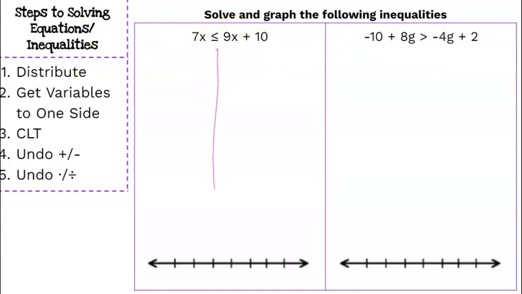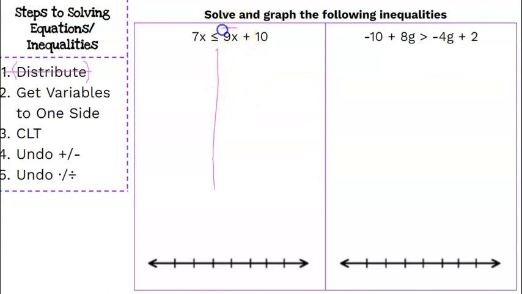So when we look at our steps, the first step is always distribute. Now distribute, we know, needs parentheses. In this case, we don't see any parentheses, so we don't have to distribute. What we do have to do is get our variables to one side, which we've already talked about. So to get our variables to one side, we need to figure out how to make one side have 0 x's while having the other side have all the x's.